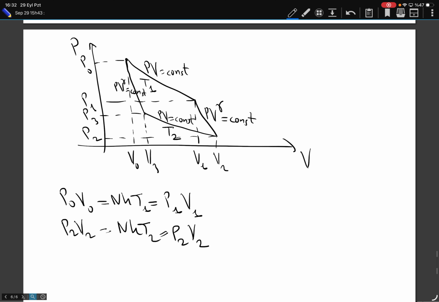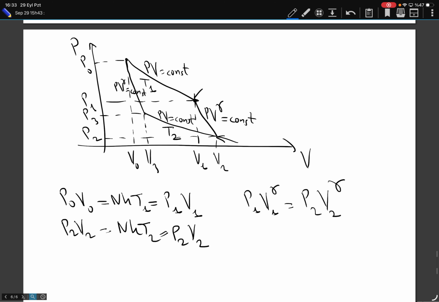And furthermore, we know that P1 V1 to the gamma should be equal to P2 V2 to the gamma. Here, at this point, I have P1 V1 to the gamma, and at this point, they are both on the same adiabatic curve, so PV to the gamma should be the same at the beginning and at the end of that curve.